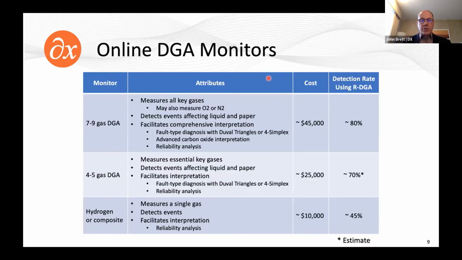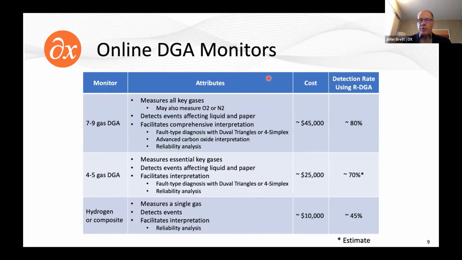You can do an advanced carbon oxide interpretation looking at CO-CO2 ratios. And, as I showed in the previous curve, you can do a reliability analysis. There's a range of prices. I've just picked the $45,000 number as a nominal figure, somewhere mid-range.